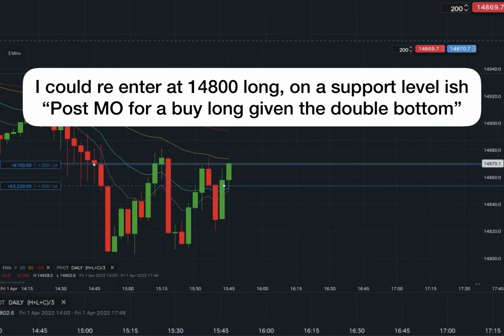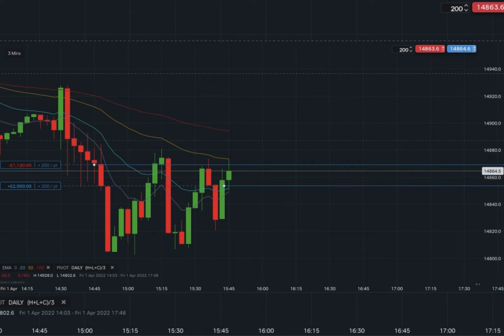Not only that, I could buy, even when I thought it was going to bounce, it's retested it again. Then there's a possibility it could retest it again, double, triple bottom, call it what you will, hoping for at least some sort of recovery back to a 50 EMA, a sort of semi-recovery, a 50% recovery at the very least.